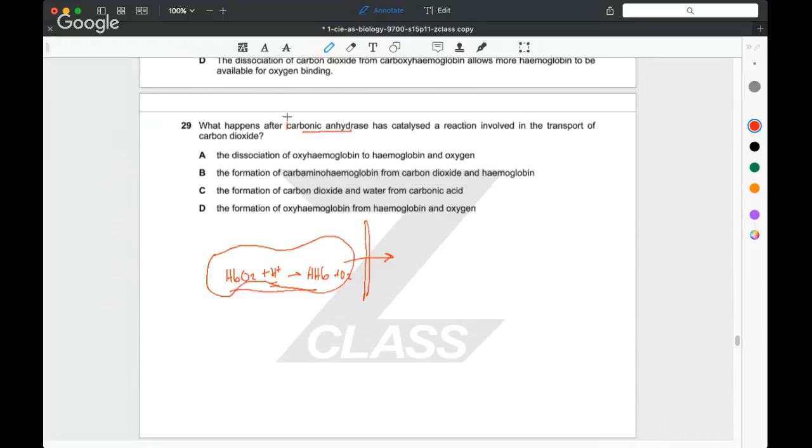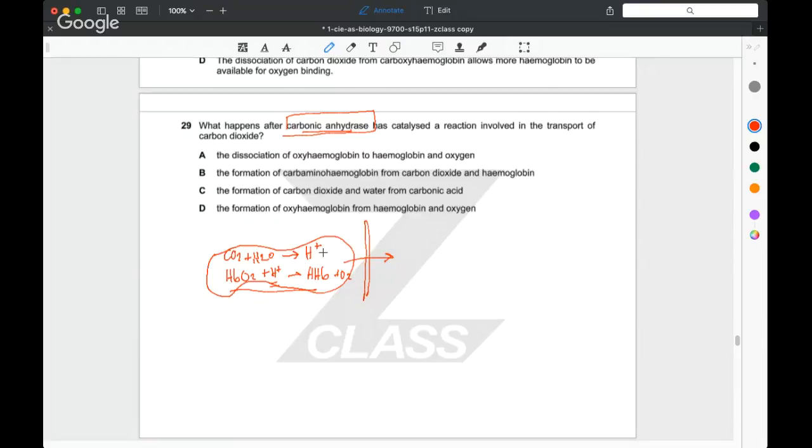And that's where this enzyme carbonic anhydrase comes into play, because carbonic anhydrase takes the carbon dioxide, which is plentiful from the cell respiration, and water, which of course is available as well, and catalyzes that reaction to form the hydrogen ion, which is the one that we need here to bind to the hemoglobin to release the oxygen, which is going to be used in the cell.